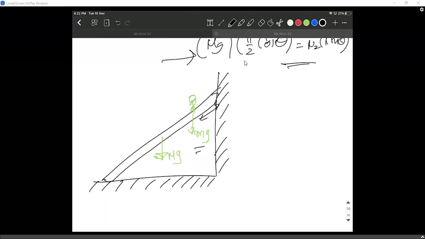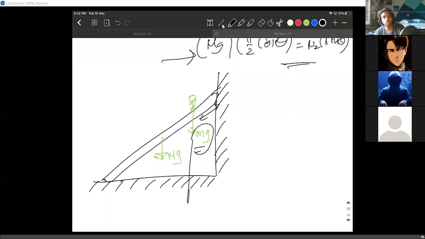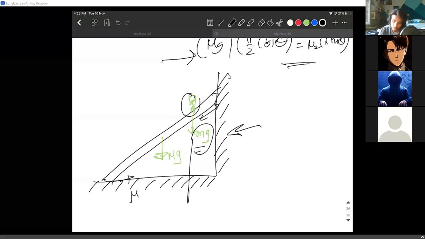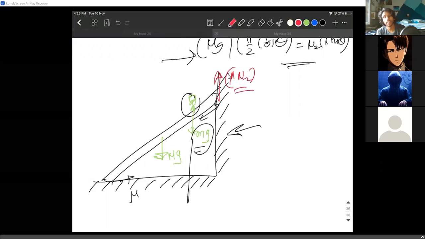Once the man is standing, you simply add his force and his torque, and you'll get the answers. They simply ask, the man is standing somewhere, what is the value of mu and all. Sometimes they give you friction here also, so you might have to take mu N2 also. There are some problems where they ask that friction also, so you need to be careful on that problem.